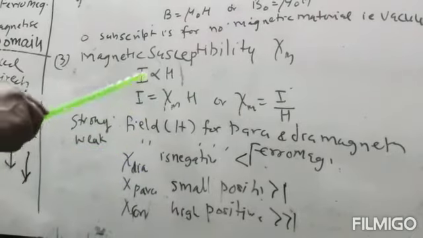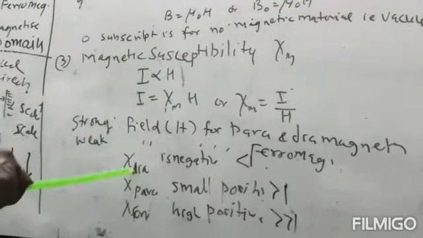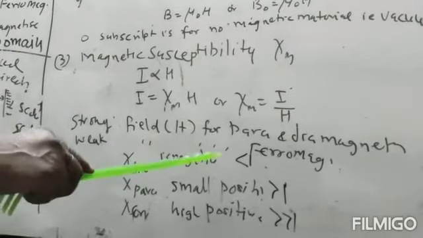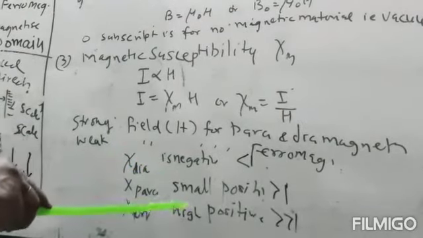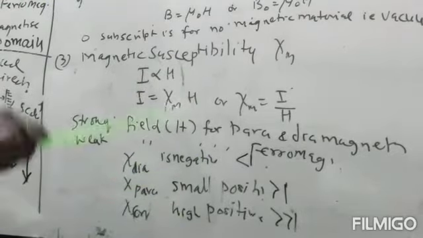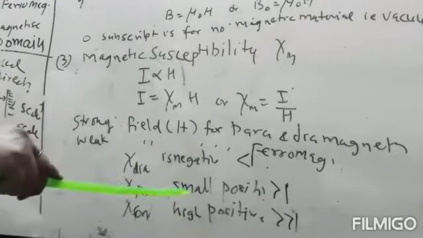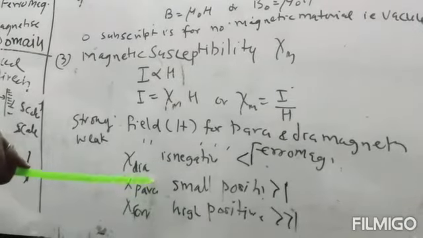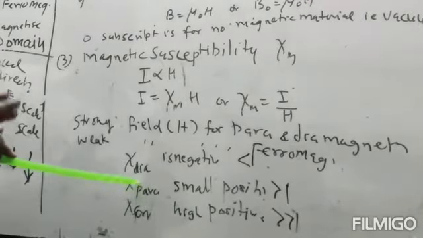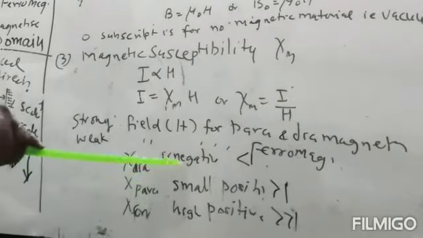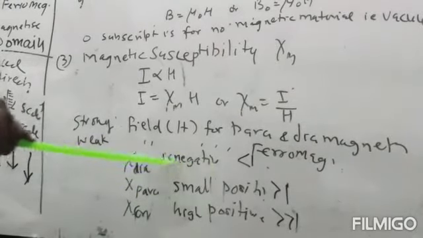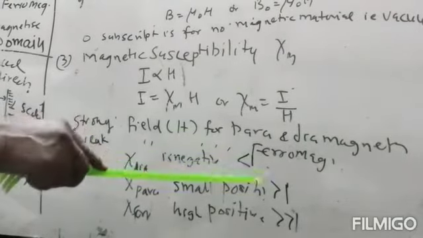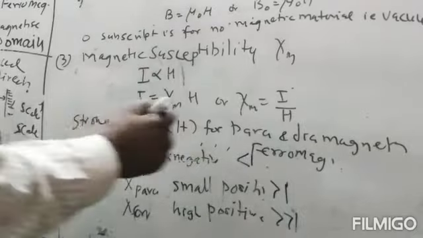Now, the magnetic susceptibility we can have for diamagnetic substance, for paramagnetic, and for ferromagnetic substance. In diamagnetic there is a repulsion, so the magnetic susceptibility will be less than 1, or it is negative.